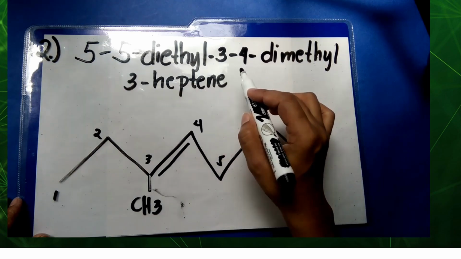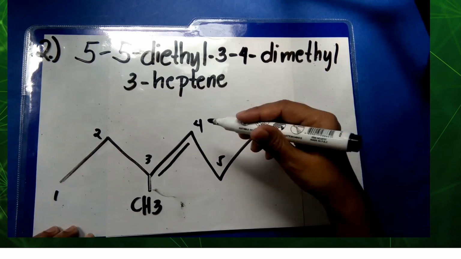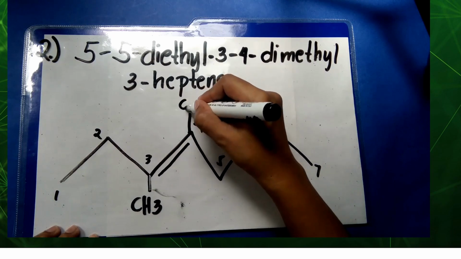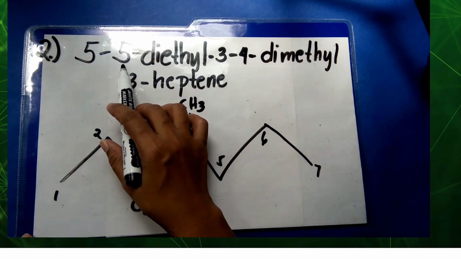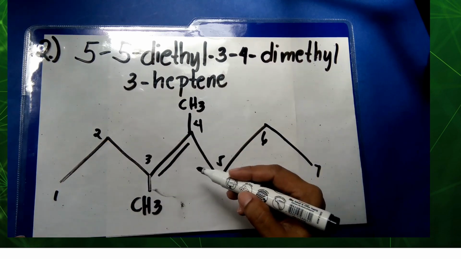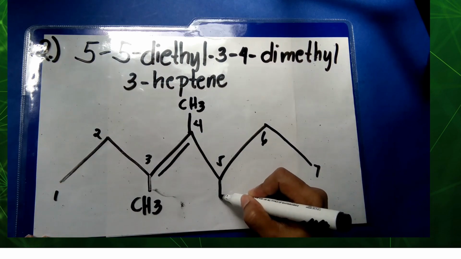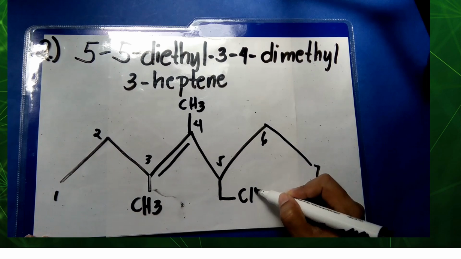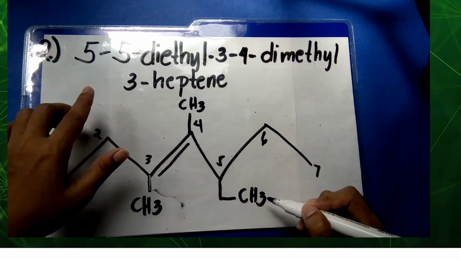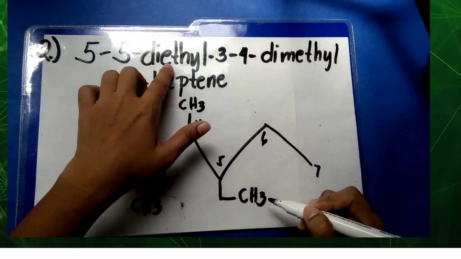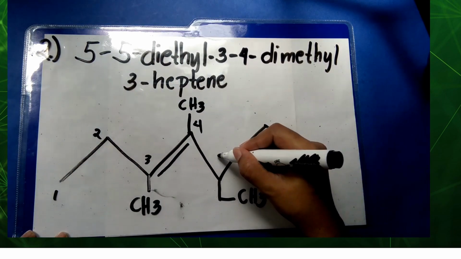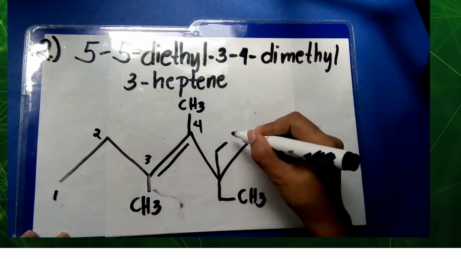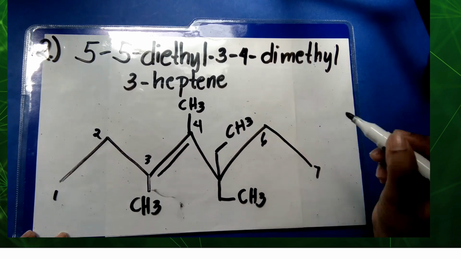And then on the fourth, there is also a methyl, so CH3. And then on the fifth here, there is an ethyl, so 1, 2, ethyl. And another on the fifth, there is also another ethyl. So we have here 1 and 2, we have CH3.